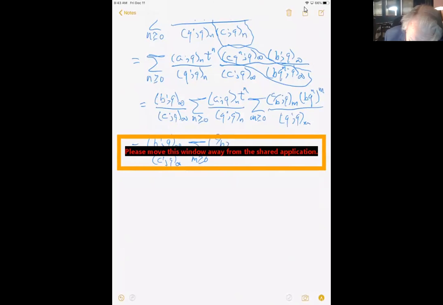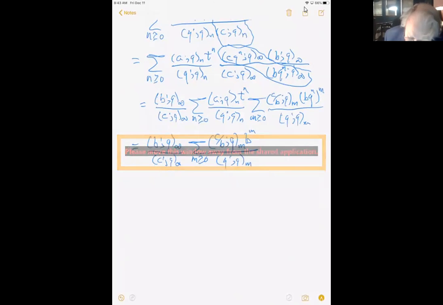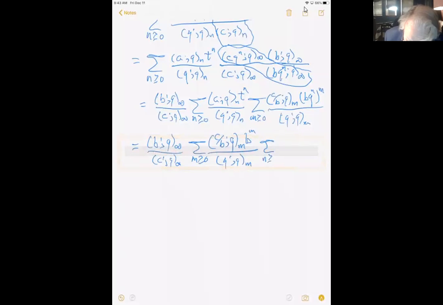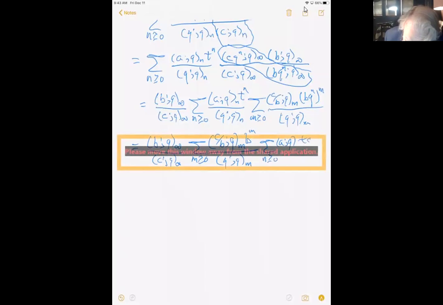I'm bringing out everything that doesn't involve m. And now I have summation n greater than or equal to 0 of (a;q)_n (tq^m)^n divided by (q;q)_n.